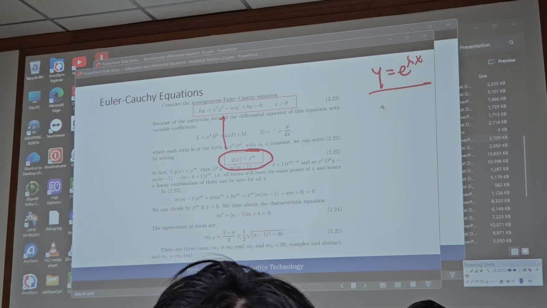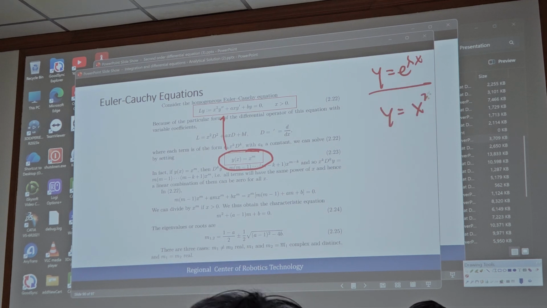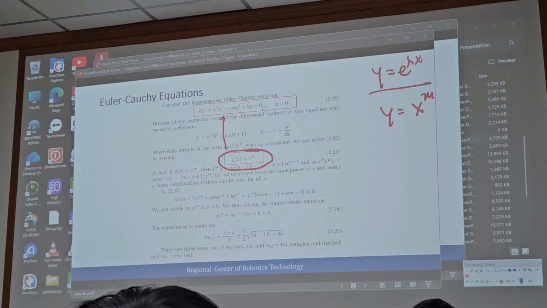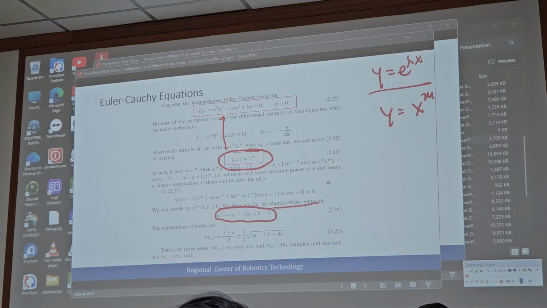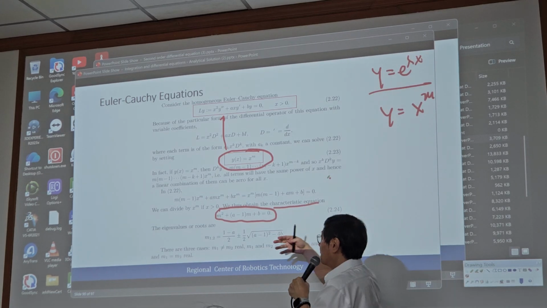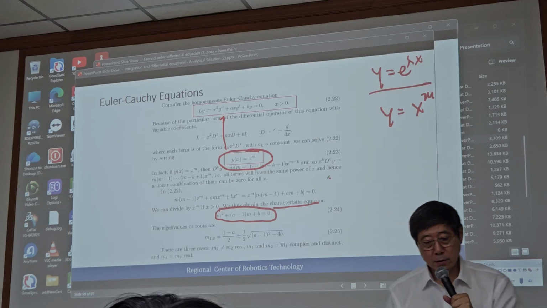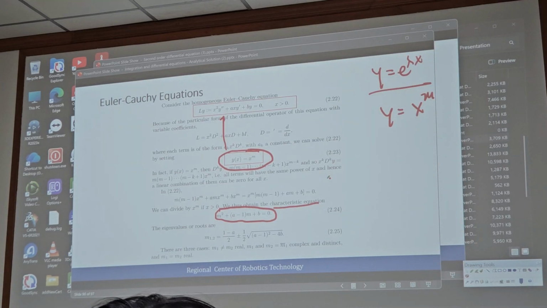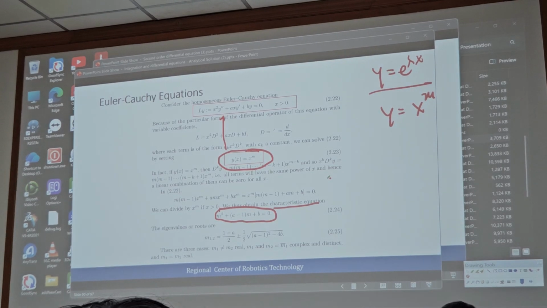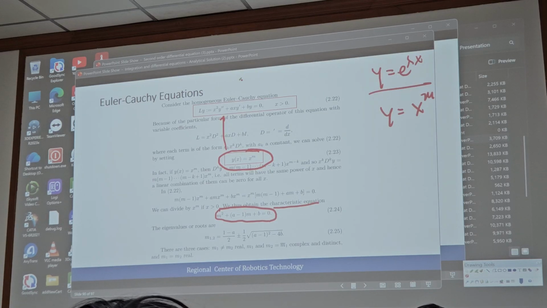For Cauchy, you use this one, right? And you can find the characteristic equation, and from the characteristic equation you can find the eigenvalue, right? Okay. So the way is one, but if you have this form, let's say, see, you have this one.